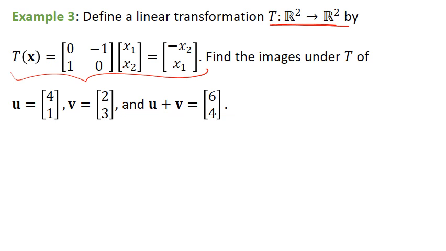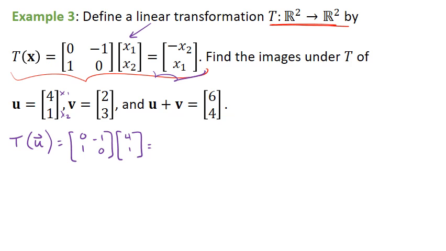The first thing we're going to do is find T of vector u. We're just using this formula here. We're going to use Ax, so this, and this is x1, x2, so 4 and 1.